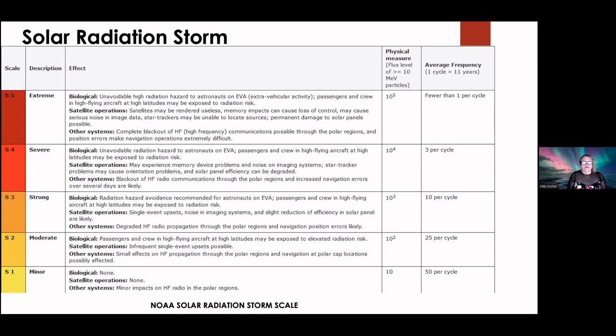Memory impacts can cause loss of control, cause serious noise in image data. Star trackers may be unable to locate sources. Permanent damage to solar panels is possible. So it can incapacitate many satellites. Other systems: complete blackout of high-frequency radio communications through the polar regions, and position errors in navigation operations can occur. So these are pretty serious consequences if a solar radiation storm hits the Earth.